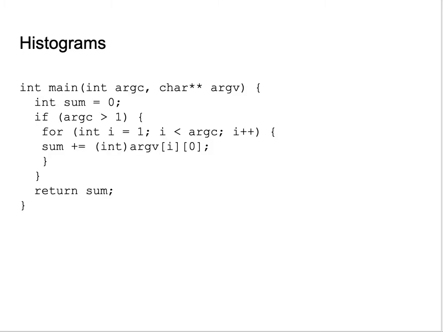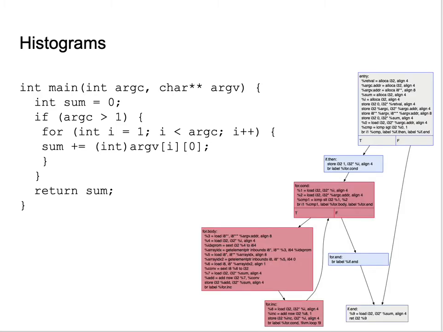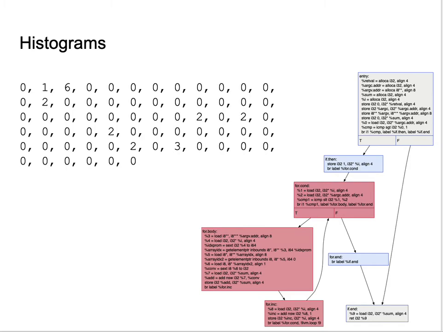The idea of the histogram is very simple. Count the number of instructions. Each position of our numeric vector corresponds to a certain quantity of instructions. For instance, if I have this program here, let's take a look into its instructions in LLVM format. These are the instructions that constitute the CFG of the program. Here's the vector of instructions.